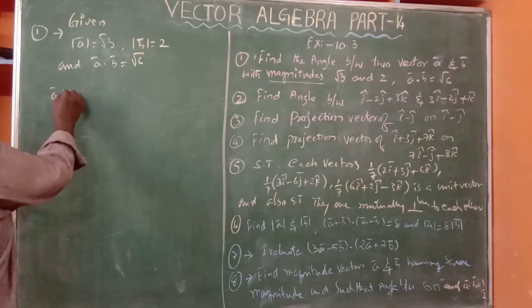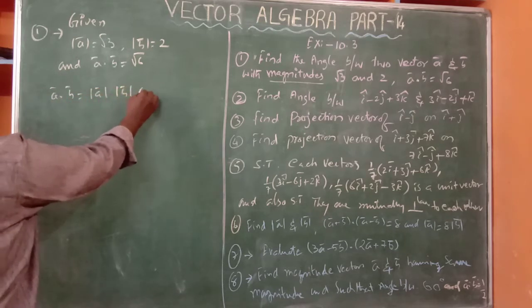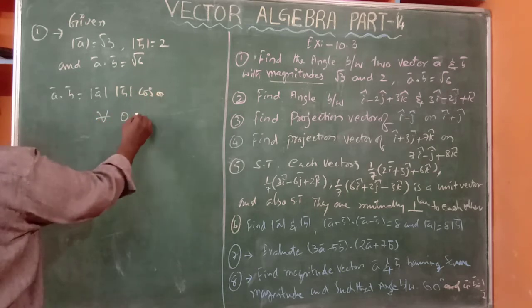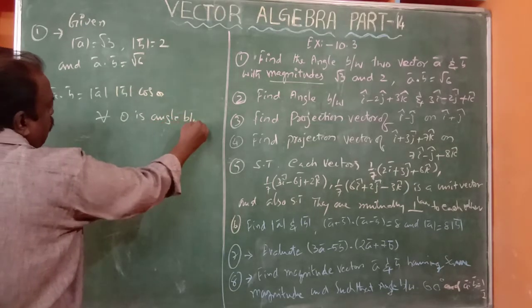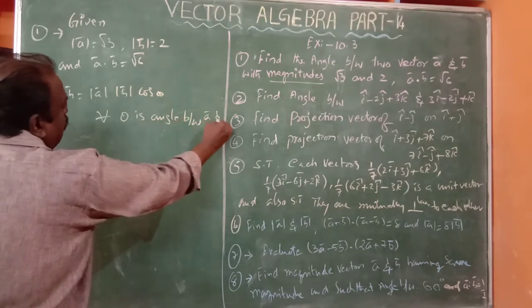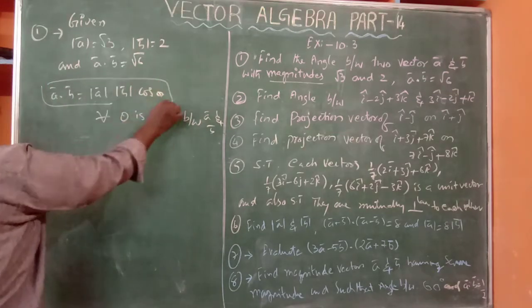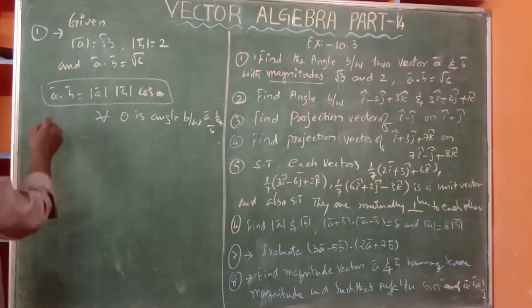A bar dot B bar is equal to modulus of A bar, modulus of B bar, cos theta, where theta is the angle between A bar and B bar. Okay, that is a formula. Now, what is A bar dot B bar?